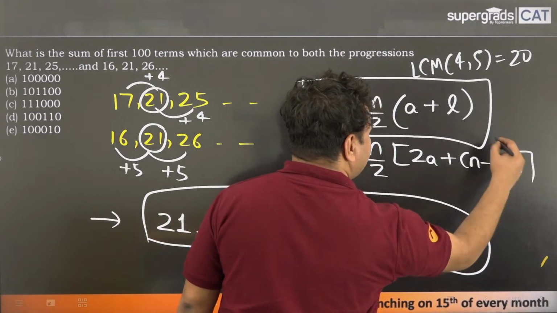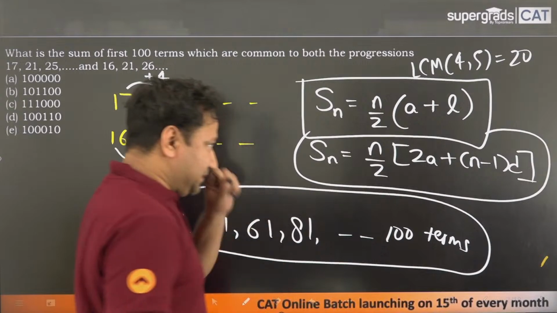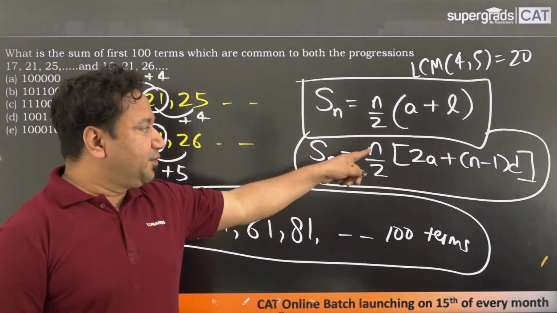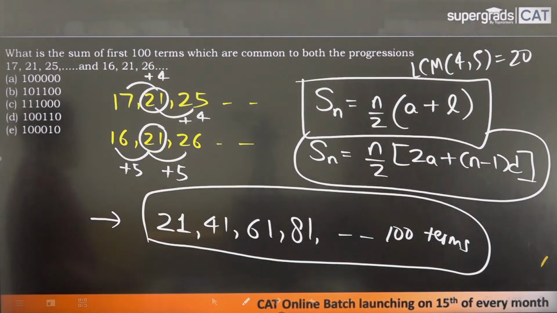So tell me which one will be a better formula to use in this case. n is the number of terms, a is the first term, d is the common difference. So we can use the second formula. Yes or no? We have two formulae. If the last term is known, the first one. If it is not known and the difference is known, we can do the second one. Cool.